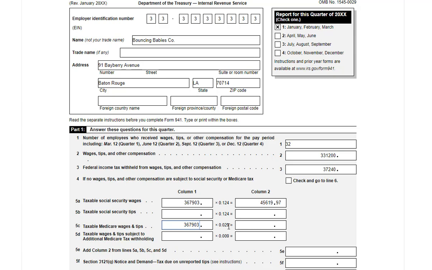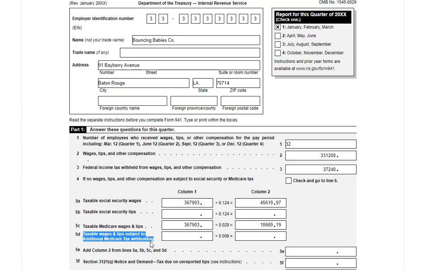So if we take 1.45% and we double that up, it comes to 2.9%. Why is that? Because here we want to show for both the employee withholding as well as the employer match. So for 5C, we arrive at $10,669.19.